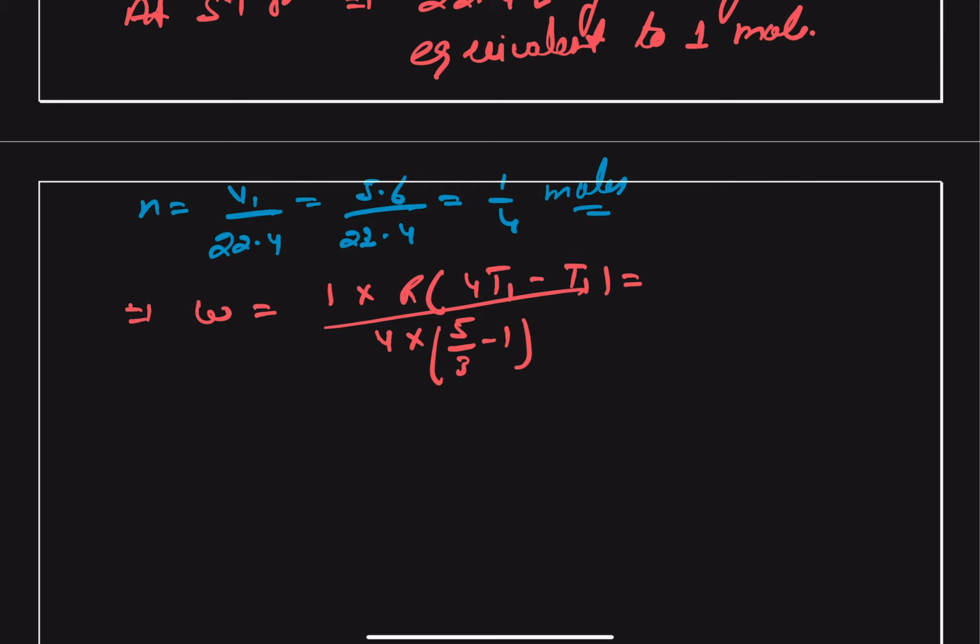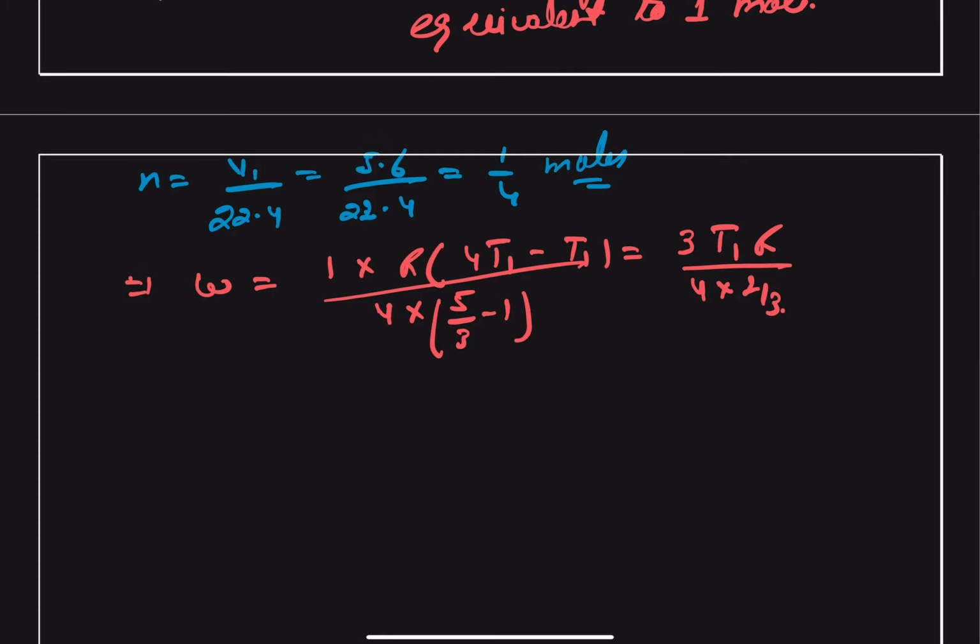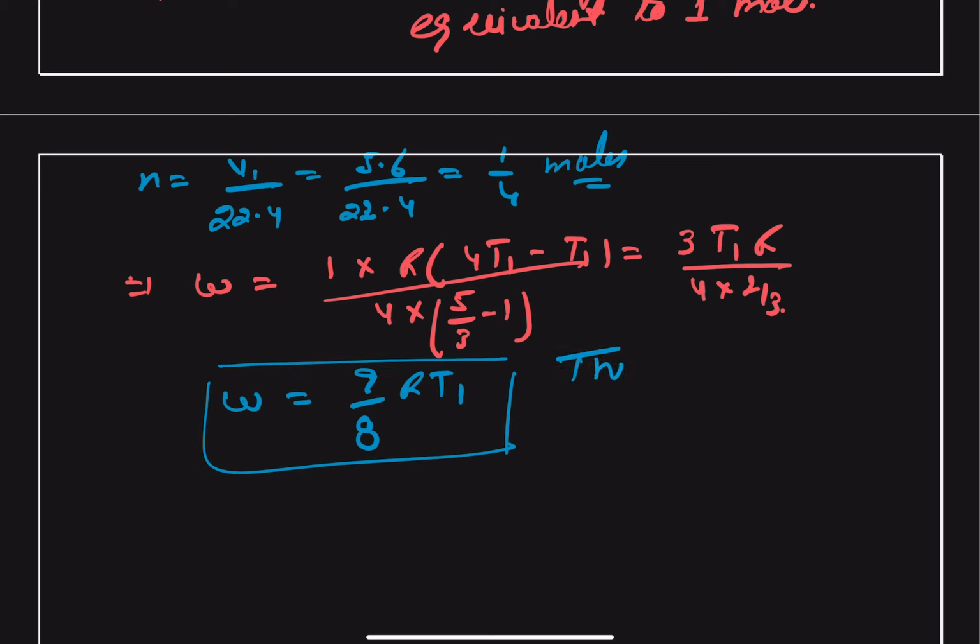So this comes as 3T1 R divided by 4 times 2 by 3. Therefore the work done will be 9 by 8 R T1. This is the required work done.